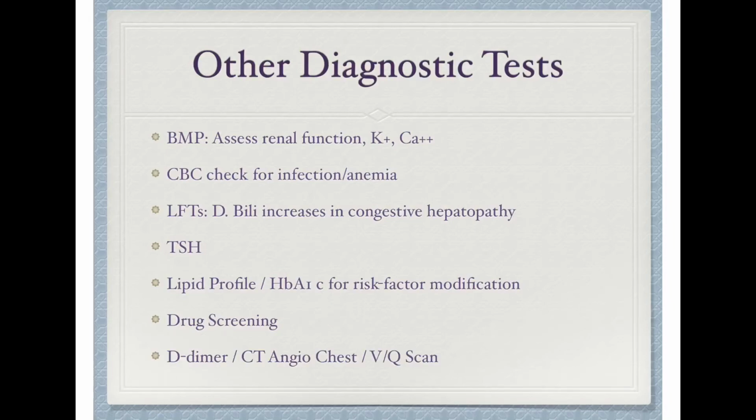And the D-dimer or CT angiography of the chest or VQ scan, basically to rule out PE, depending on the patient's Wells score, as a cause of the patient's symptoms.